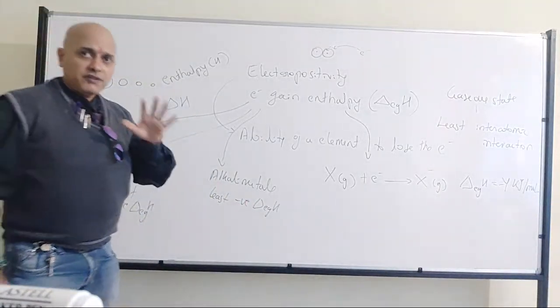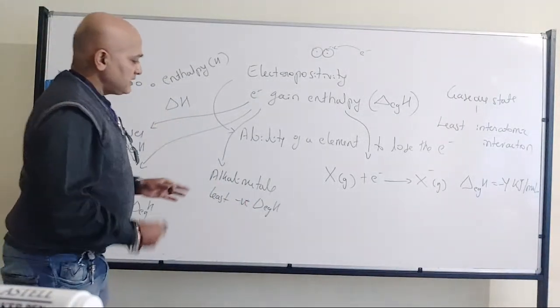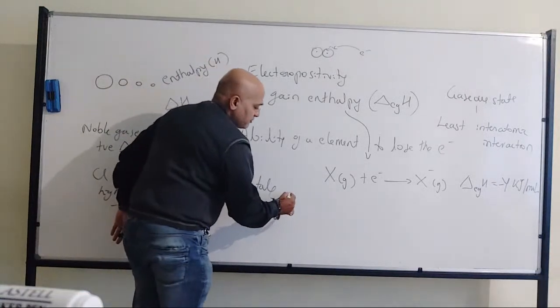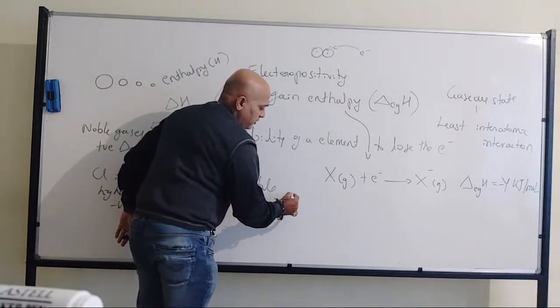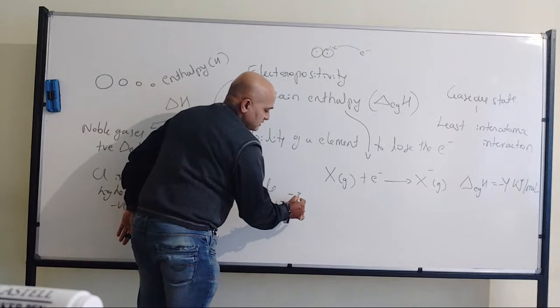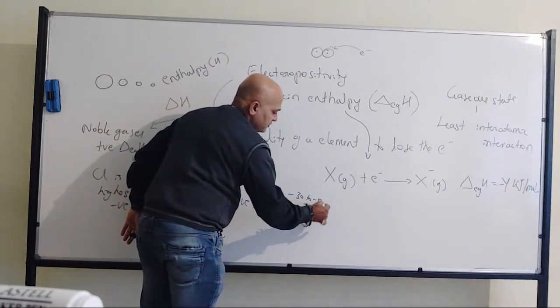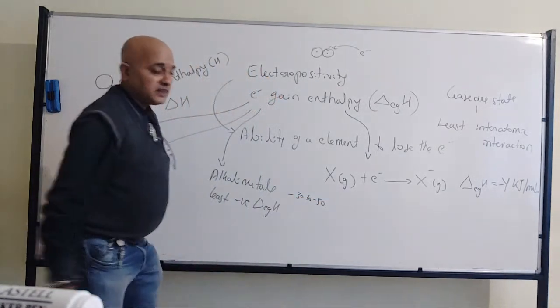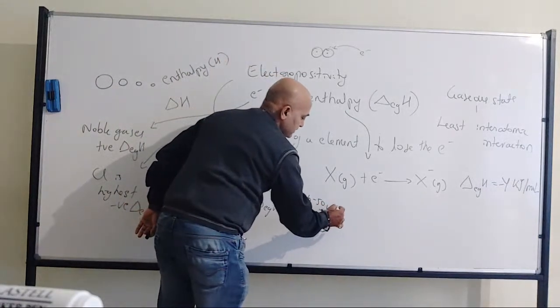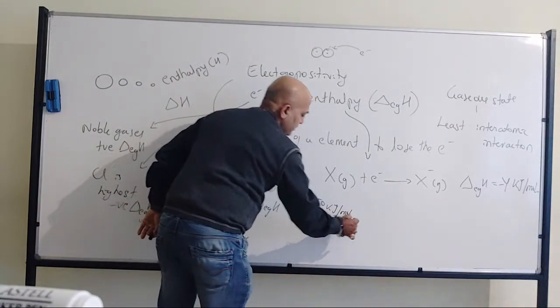So if I want to give some values, alkali metals values will be ranging somewhere around minus 30 to minus 50 kilojoules per mole.